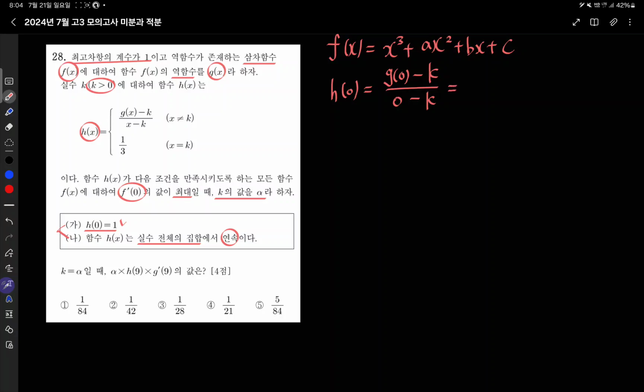And because that's equal to 1, g of 0 is equal to 0. And that means f of 0 is also equal to 0.